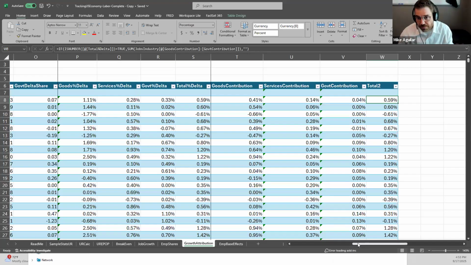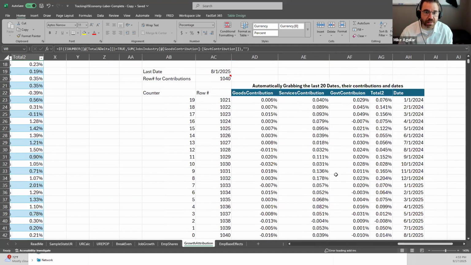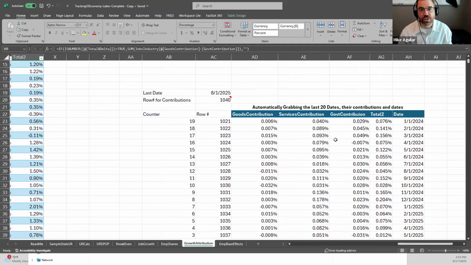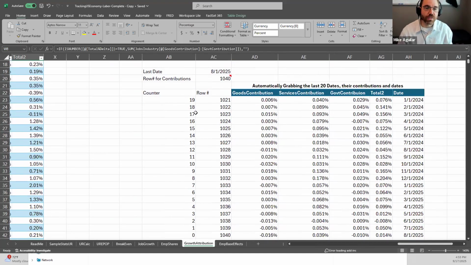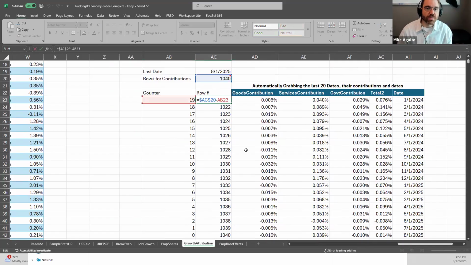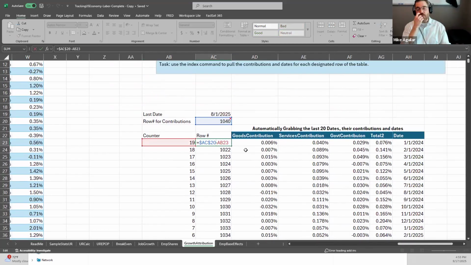So I want to plot that out. And you could do all sorts of fancy stuff. What I wanted to do here was actually grab the last 20 dates. So I set up a counter, 19, 18, all the way down to 0. Then I wanted to find the row numbers in that table relating to the most recent 20 observations. This is referencing AC20.